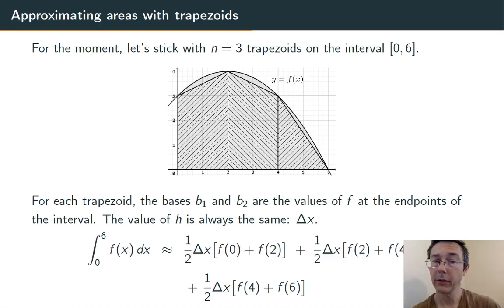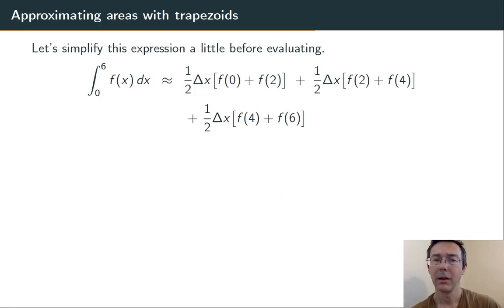So we're going to approximate the integral from 0 to 6 of f of x dx with those 3 trapezoids, 1/2 h (b1 plus b2) 3 times. So for example, in that first one, it's 1/2 delta x (f of 0 plus f of 2). Let's simplify that formula a little bit rather than just plugging in, because I think it'll be enlightening to do so.